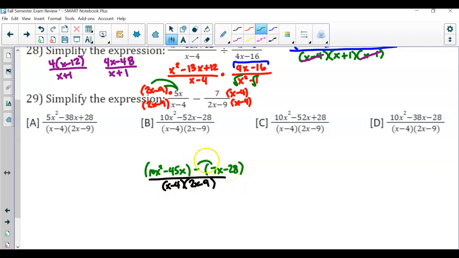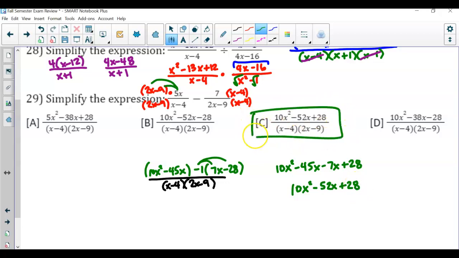But first, because we're subtracting, distribute the negative 1. So this now becomes 10x squared minus 45x minus 7x plus 28. When combining like terms in the numerator, you now have 10x squared, but now minus 52x plus 28 in your numerator. That's why the answer is C.